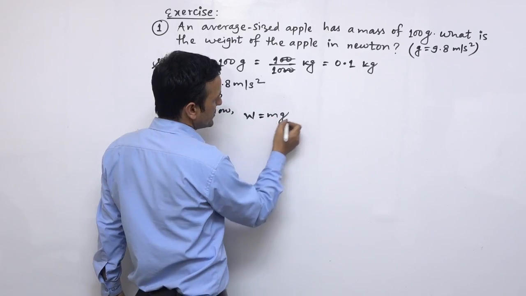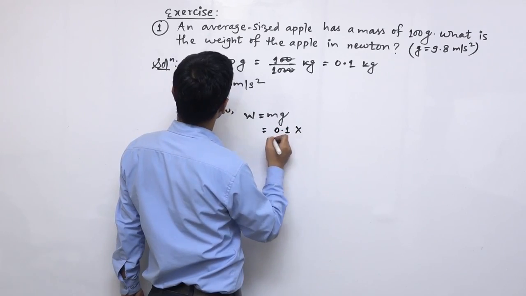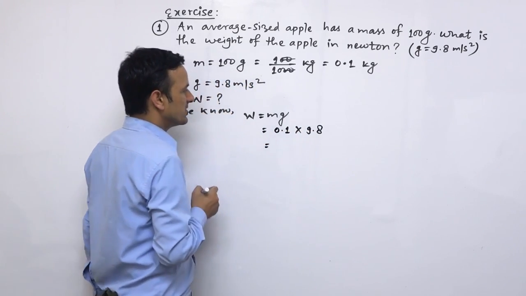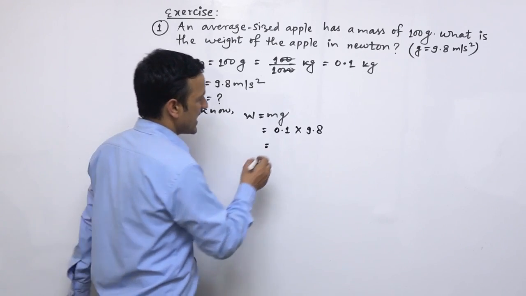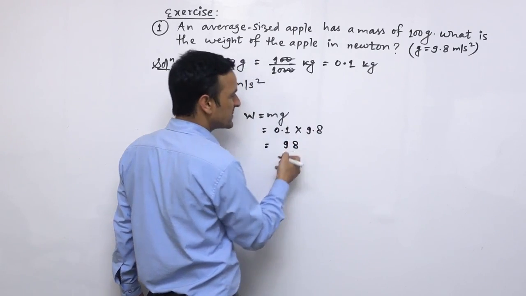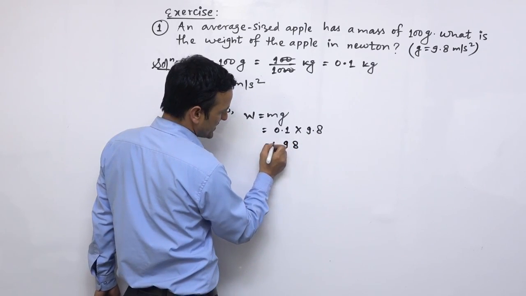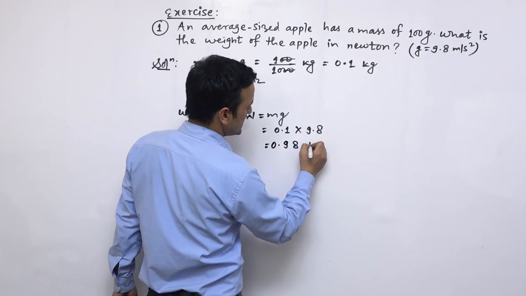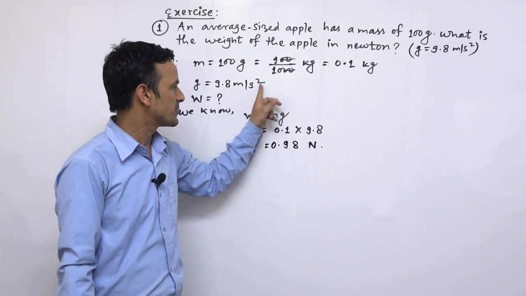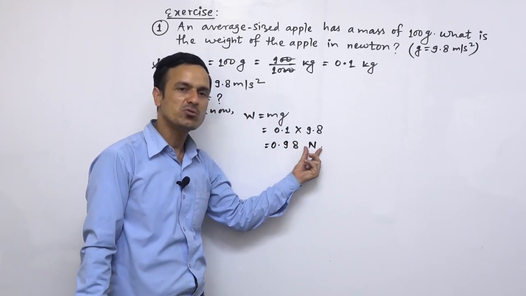So m into g means we can write 0.1 times g, which is 9.8. If you multiply this, we get the answer. 9.8 into 1 means 9.8, 98, and after the point we have two digits, so it is 0.98. It is in kg meter per second square, and kg meter per second square means Newton.